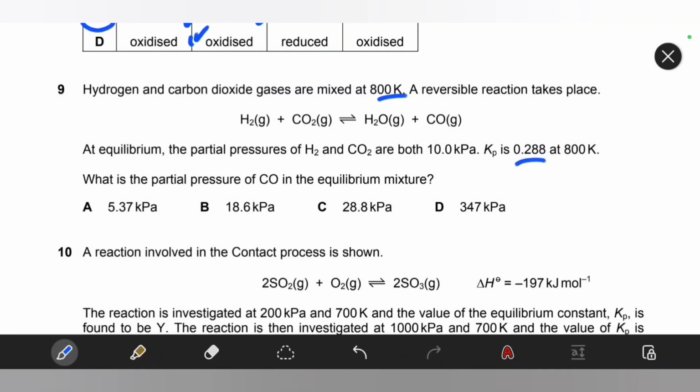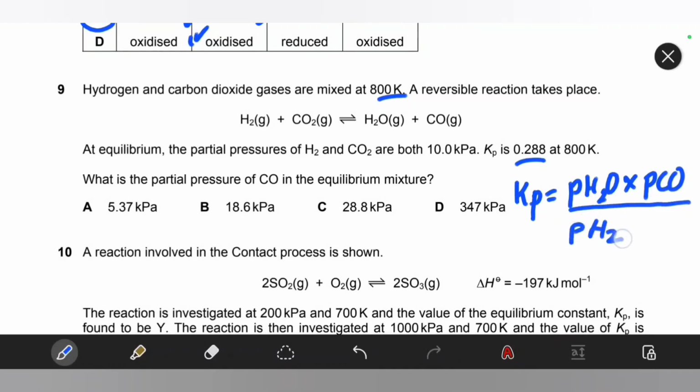So the first thing we notice is that the mole ratio is 1, 1, 1, and 1 for all of them, right? That means Kp can be written as the partial pressure of water vapor times the partial pressure of carbon monoxide over the partial pressure of H2 gas and the partial pressure of CO2.